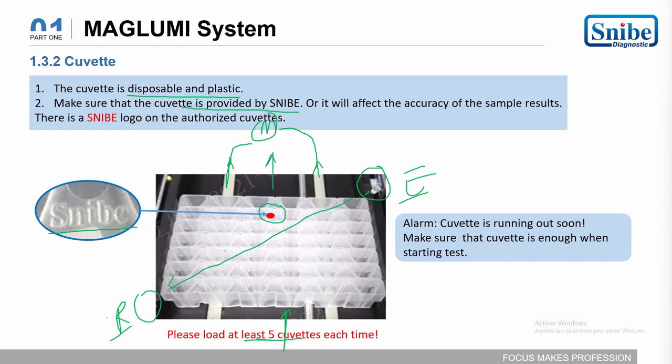So when there is no detection of signal by the receptor, the system understands that cuvettes are loaded and starts to move them inside the analyzer. If you load fewer than 5, maybe the signal will not be cut here, so the receiver will still receive the signal and the cuvettes will not be detected. This is why we suggest loading at least 5 cuvettes each time.